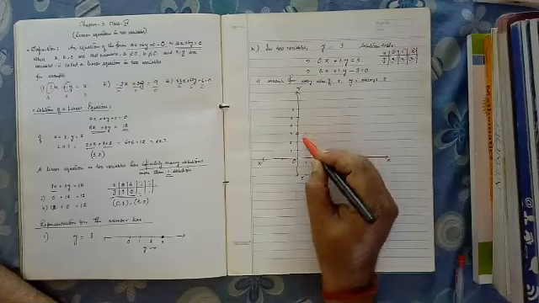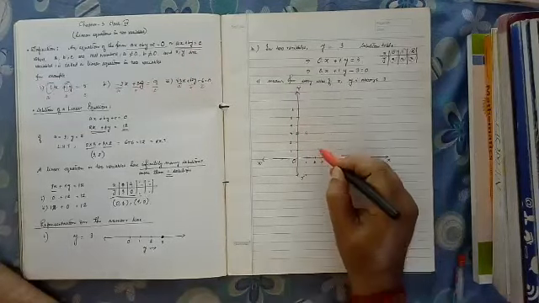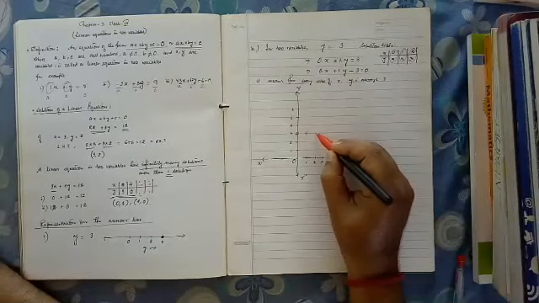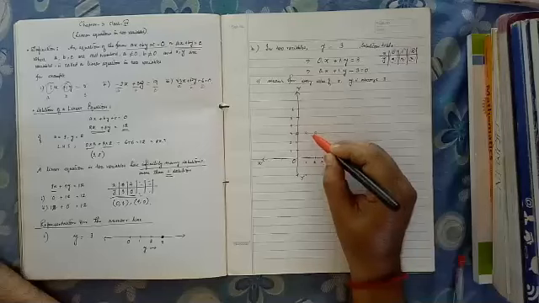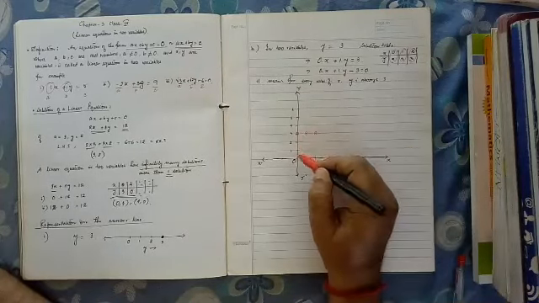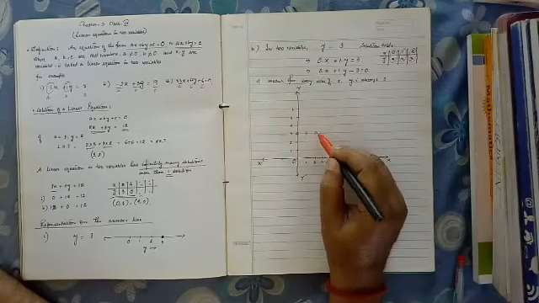So this one, y is equal to 3. X is equal to 2, y is equal to 3. Again, this is x is equal to 2, y is equal to 3. So x is equal to 0, y is equal to 3, x is equal to 1, y is equal to 3, x is equal to 2, y is equal to 3.